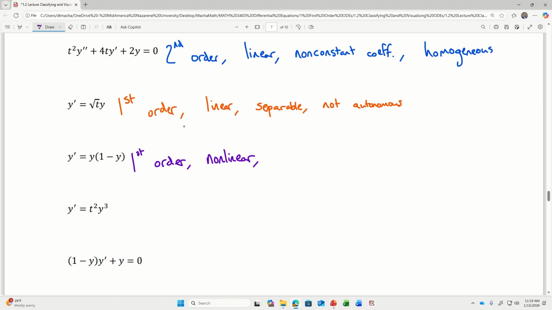Yeah, I'd have y minus y squared. That's not linear. First order nonlinear. Is it separable? I think we said earlier, in fact, that this one was separable. Is it autonomous or not autonomous? No t's, so it's autonomous. There we go.